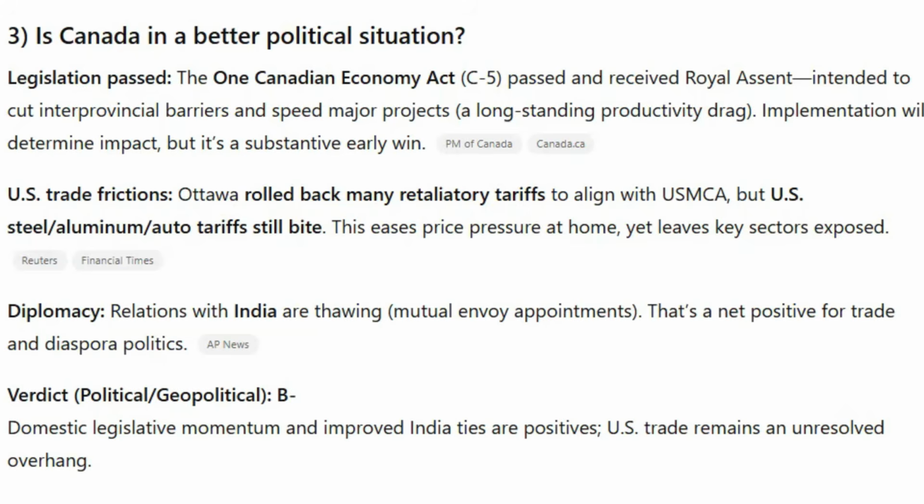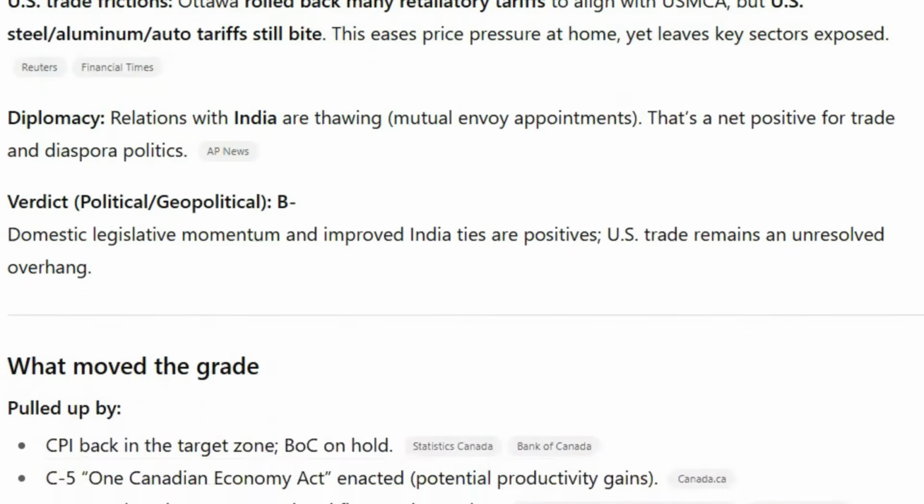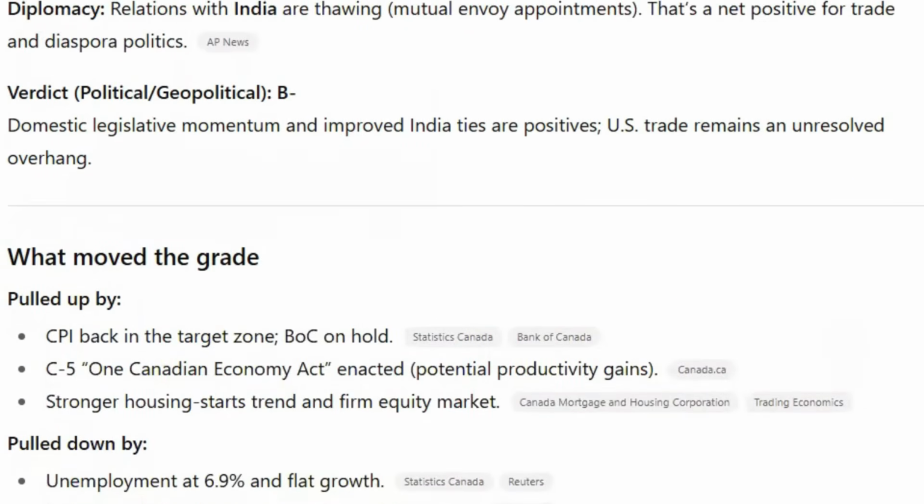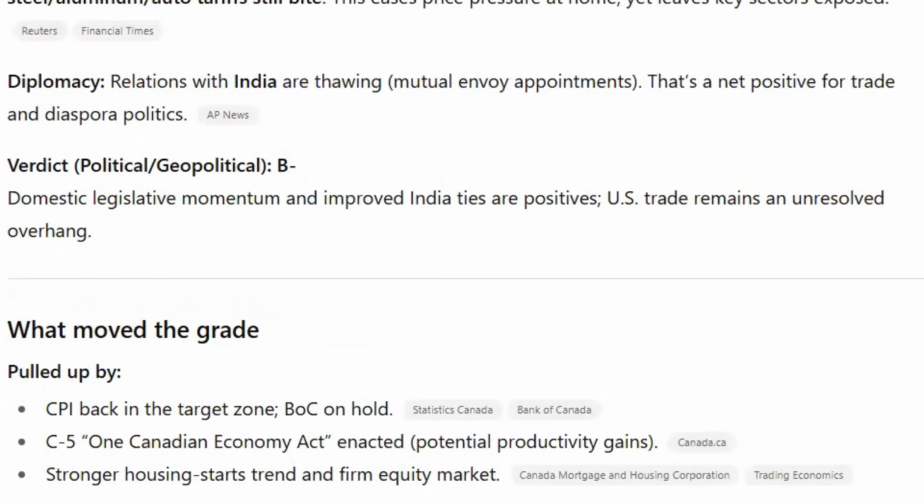So China has itself retaliated with tariffs on canola and other agriculture products. So I'm surprised that's not in number 3 here. By the way, that was a verdict B minus. I think if they put China in it, that might have moved to C minus.